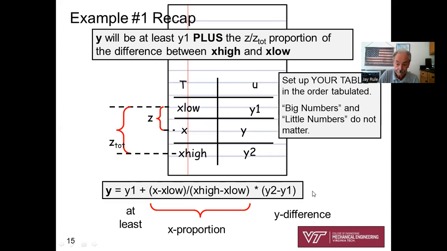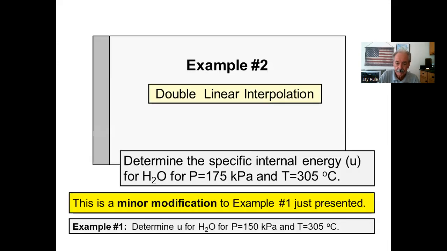I've given you two ways to do it. You can write down a formula and blindly follow it. That can work. Also, I want you to get a vision in your head about what you're doing. Okay. Example 1 complete. Not too bad. Not too painful. A little painful, but doable.